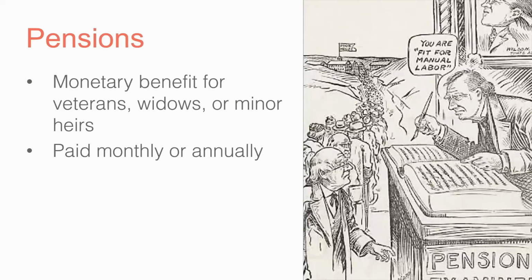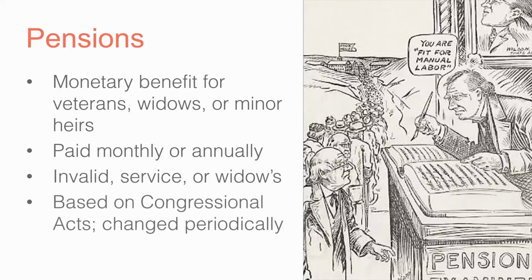There are different types of pensions that we'll talk about in the next slide, but we have invalid, service, and widows. And then things that affected pensions were congressional acts, which would change the benefits and laws around the pensions. They would determine the amount you're going to get, what wars qualified for the pensions, what would be required for you to qualify, and a lot more.